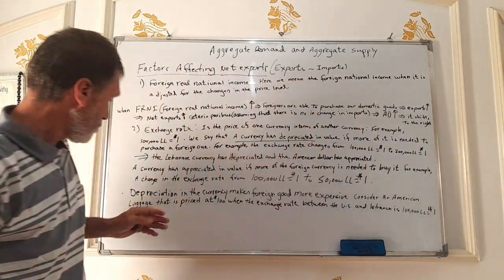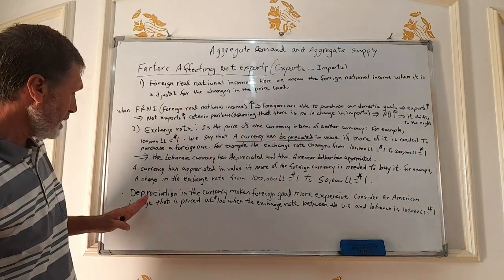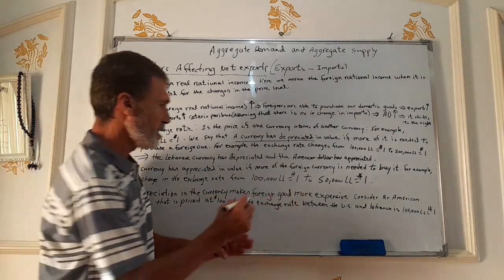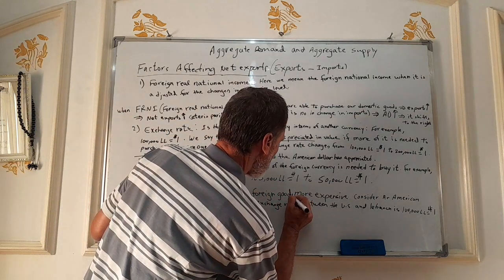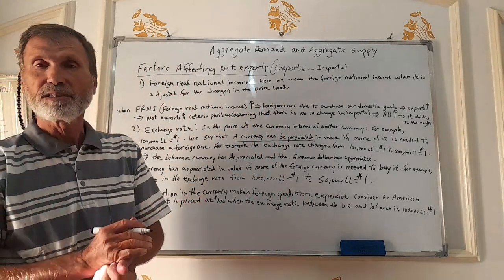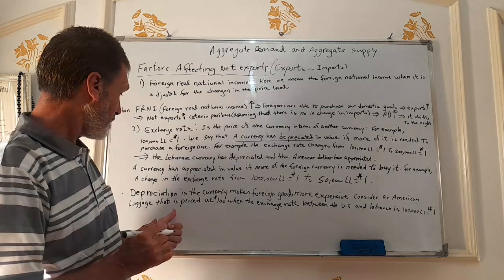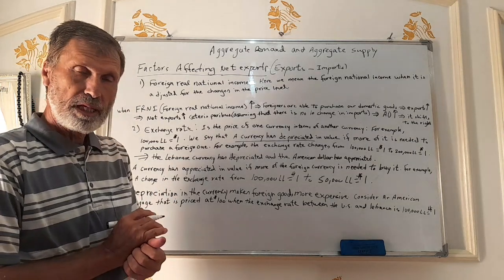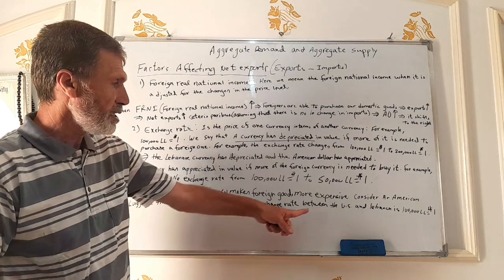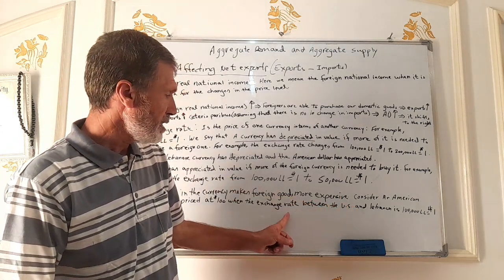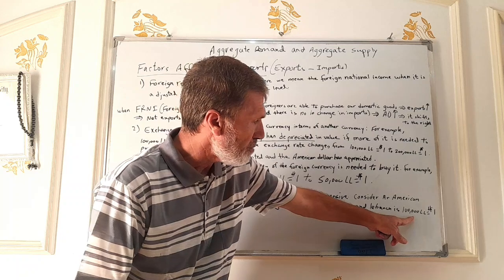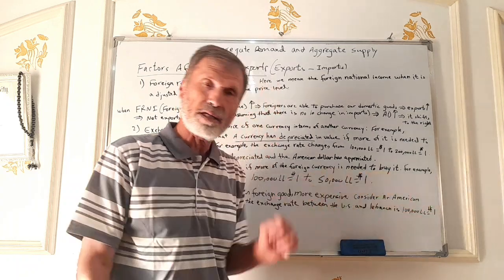So, talking about here that we're going to see that depreciation makes foreign goods more expensive. And give an example over here of an American luggage. Assume that the price of that luggage is $100 when the exchange rate between the Lebanese pounds and the American dollar is 100,000 Lebanese pounds or Lebanese lira equal $1.